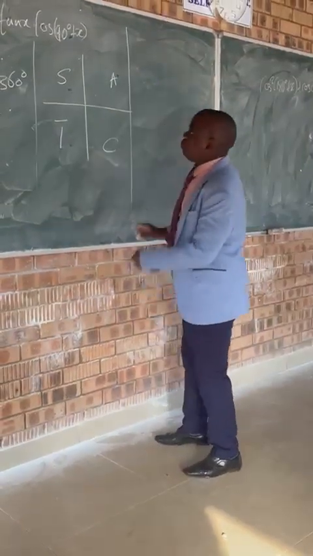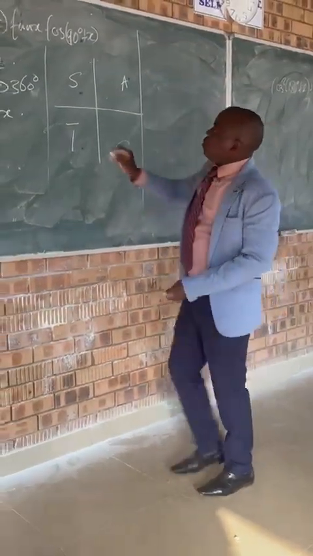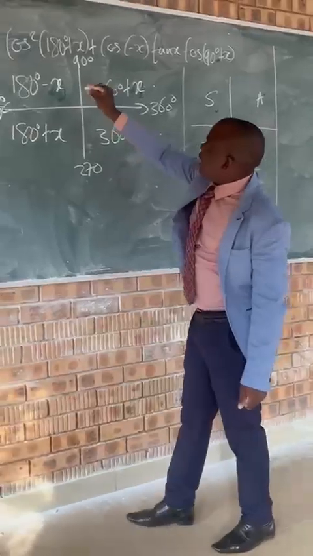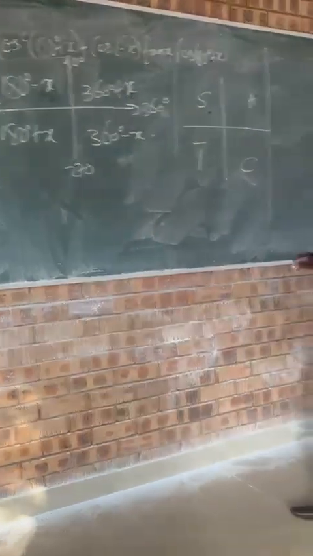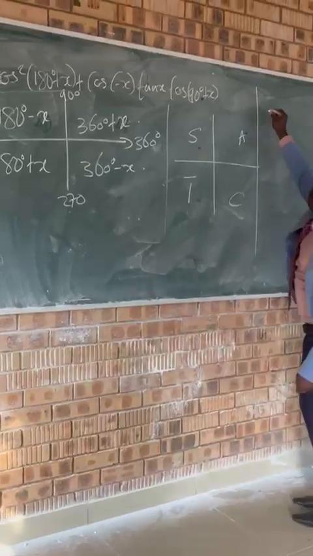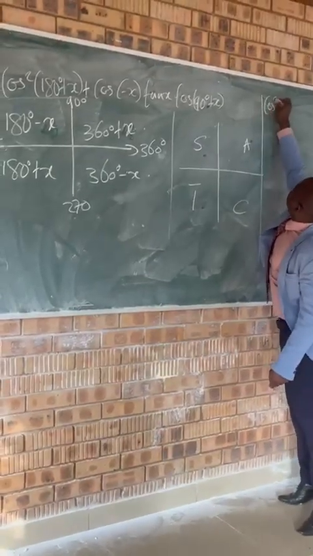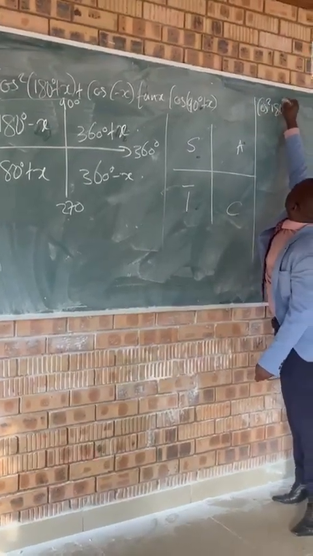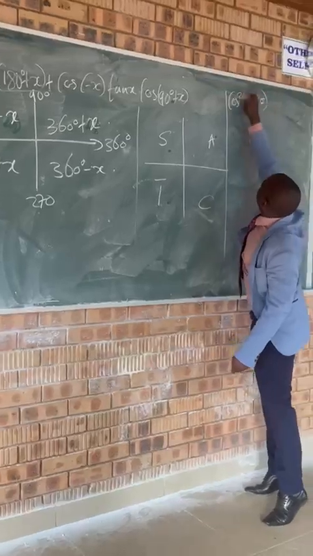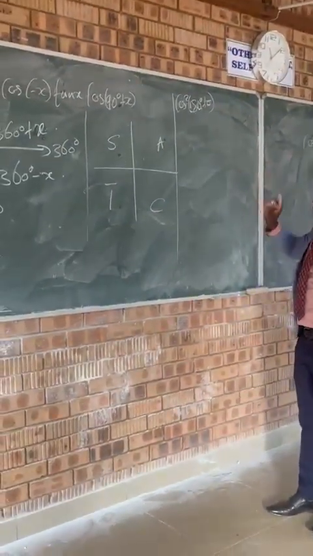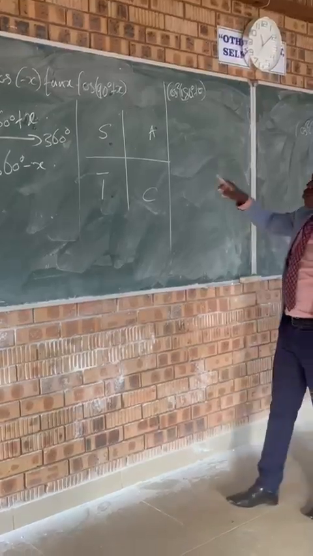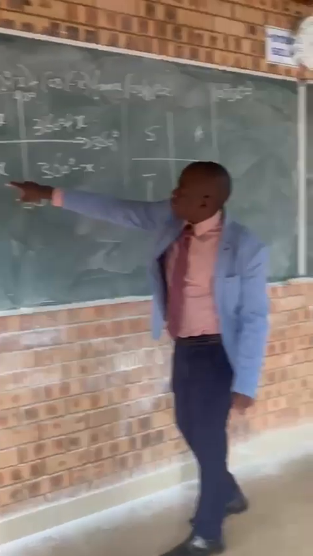Now we want to simplify this in parts. Let me start with cos squared (180 degrees plus x). This is the third quadrant, because we are saying 180 plus x.